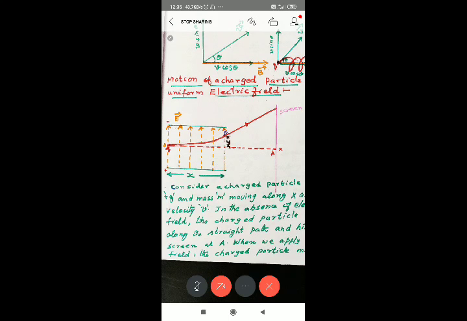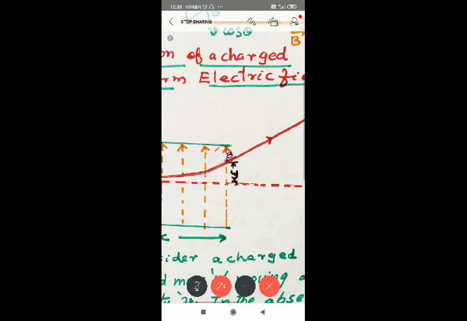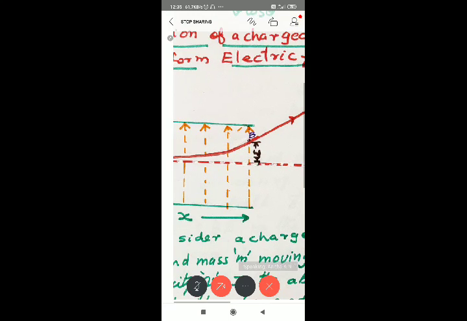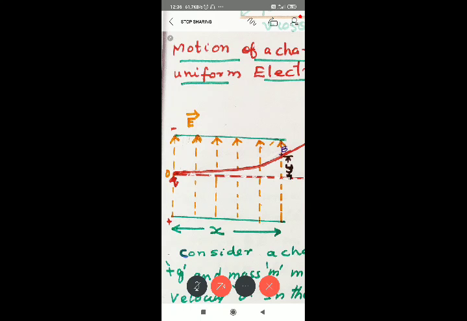Here we have to calculate y, from the axis to the point B. How much displacement happens in the y direction? Listen carefully to all my terms, then only you can answer my question. The particle was actually moving along the x direction. Yes?